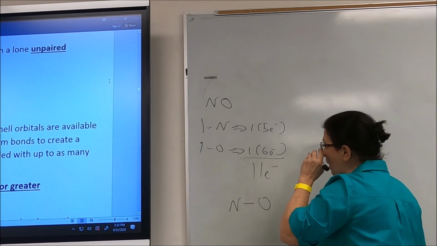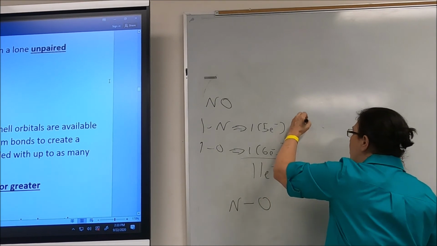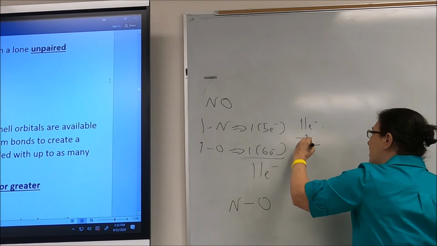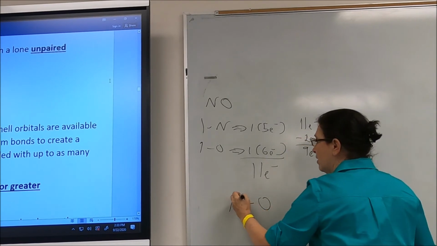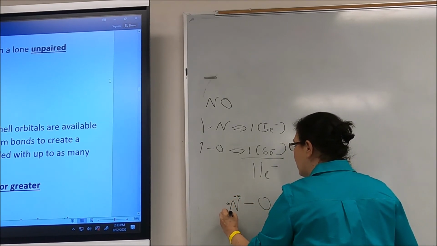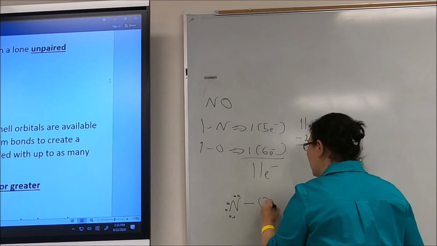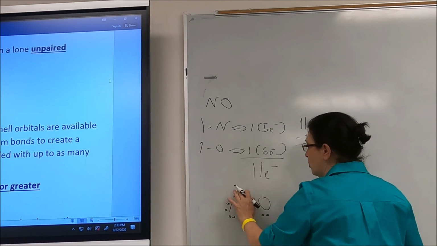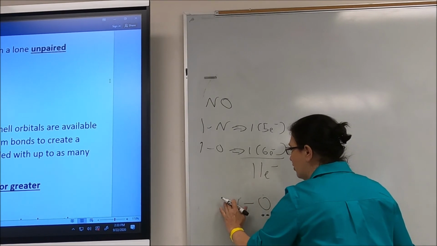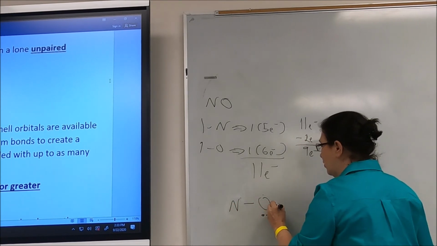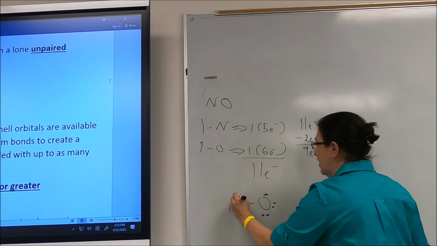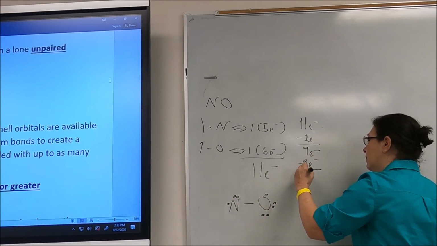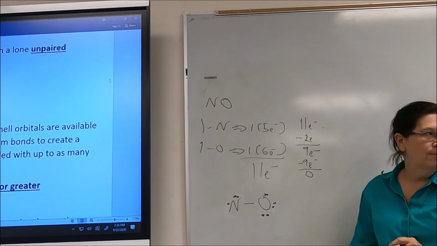So I've got the nitrogen and oxygen. I first connect up with a single bond. So 11 electrons minus 2 electrons, that gives me 9 electrons. 2, 4, 6, I'm going to do it oxygen first because it's more electronegative. 2, 4, 6, 8, 9. 0 electrons left.